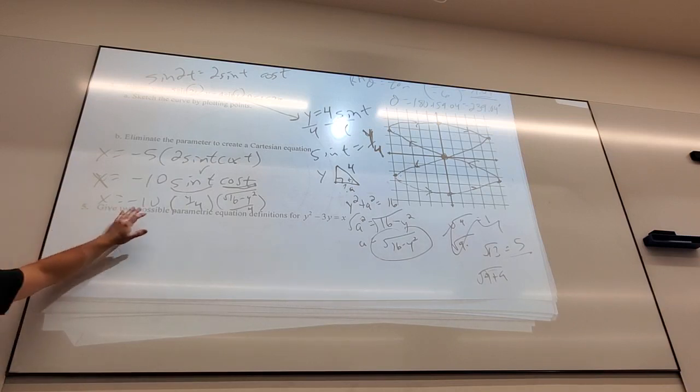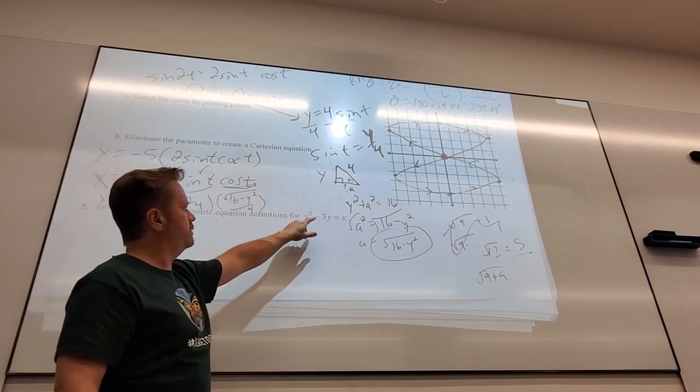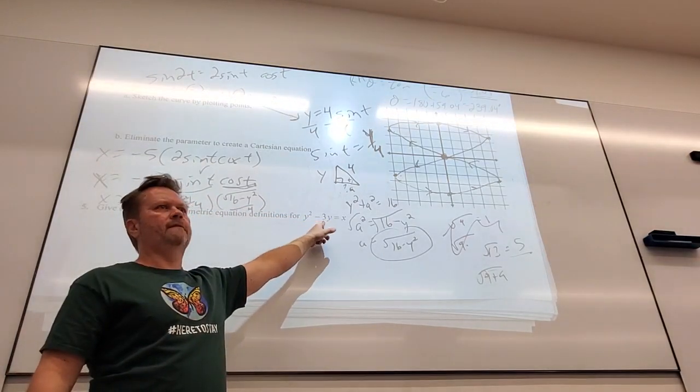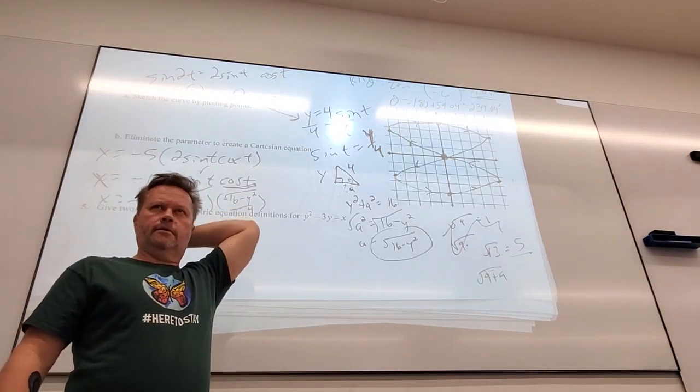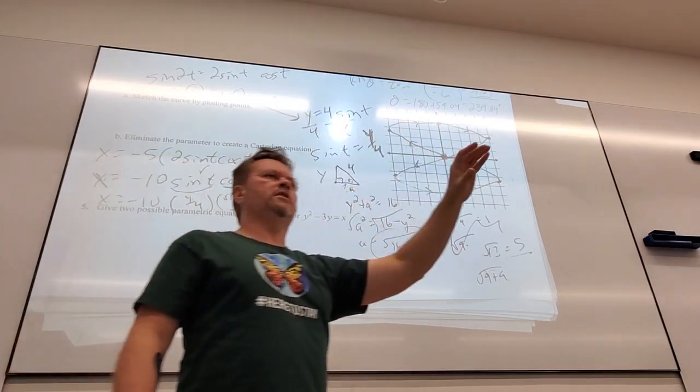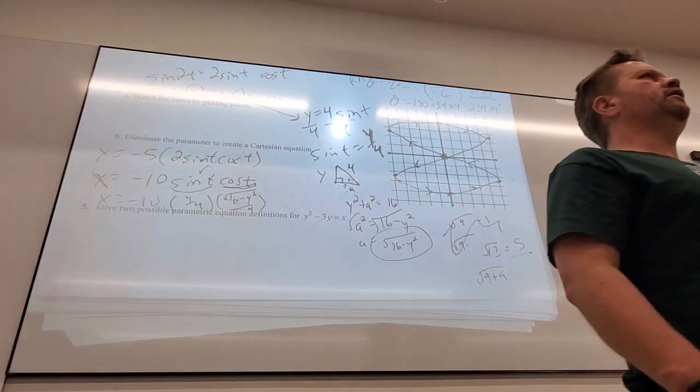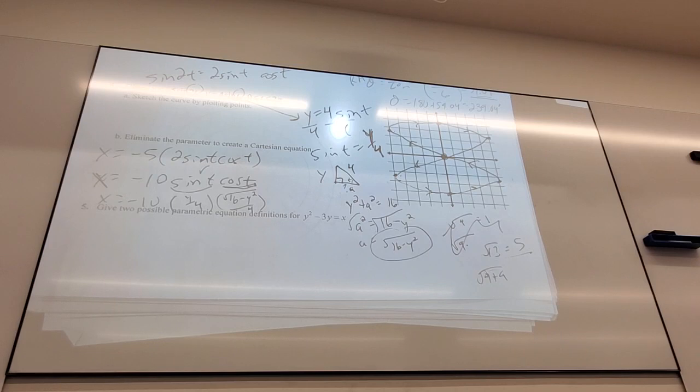I want 2 possible parametric equations that lead to this. So what does parametric equations mean? That means I have x as a function of t and y as a function of t. What is the easiest way to make a set of parametric equations? Make one of those just equal to t. Which letter in this problem would it be easier to make equal to t?